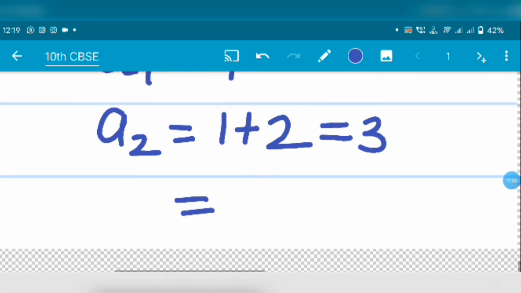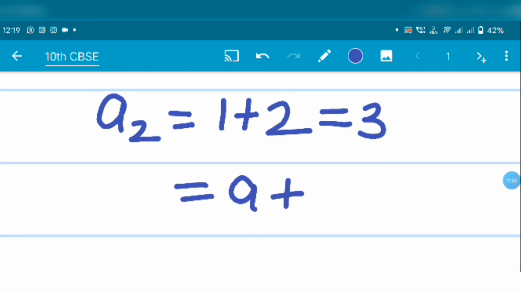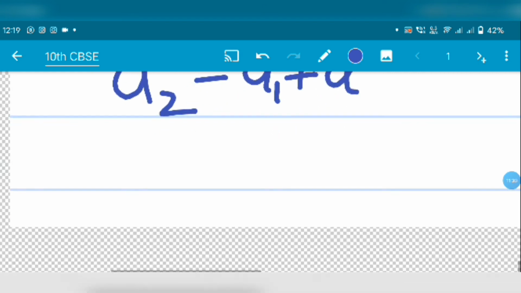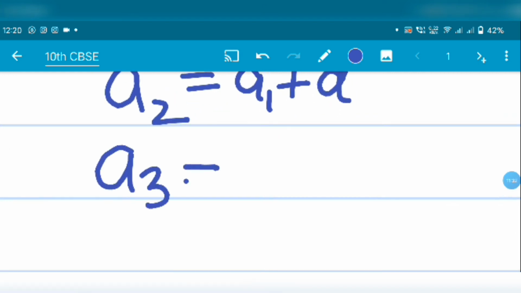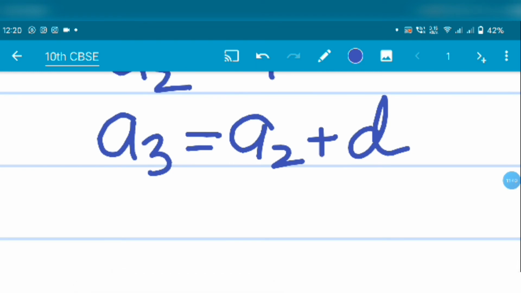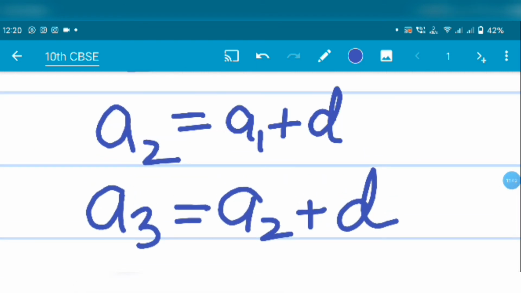Or we can write it as A1 plus D. So A2 is A1 plus D. If we talk about A3, that is A2 plus D, and A2 is A1 plus D.